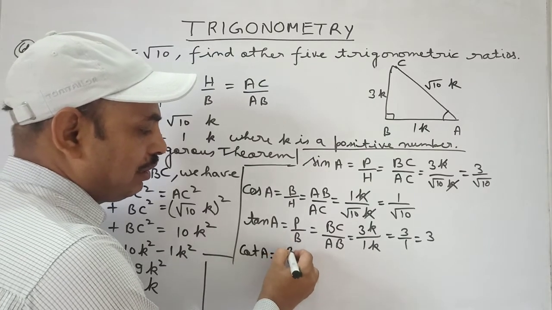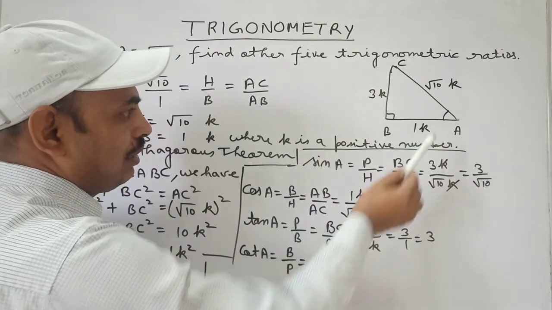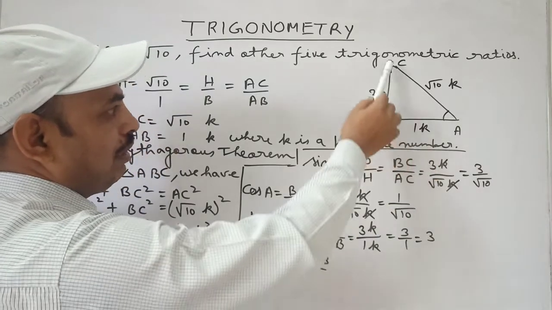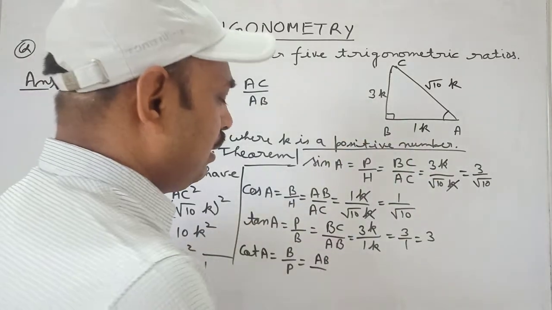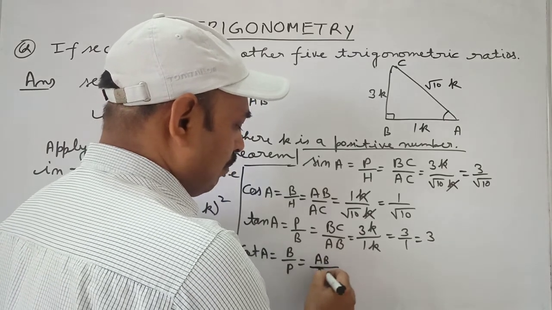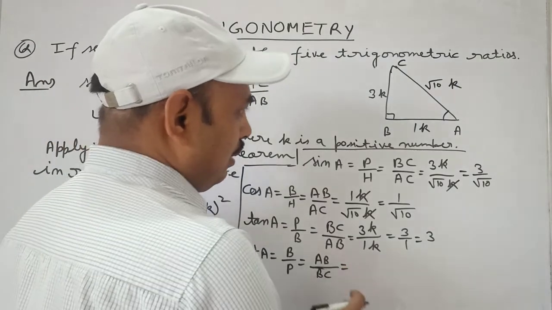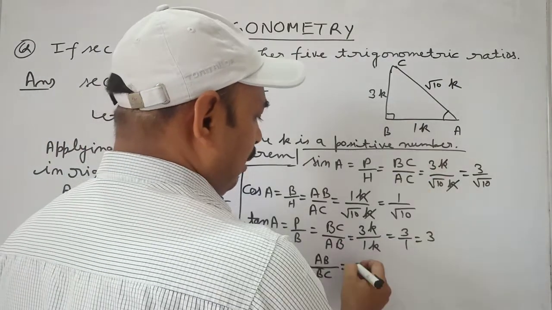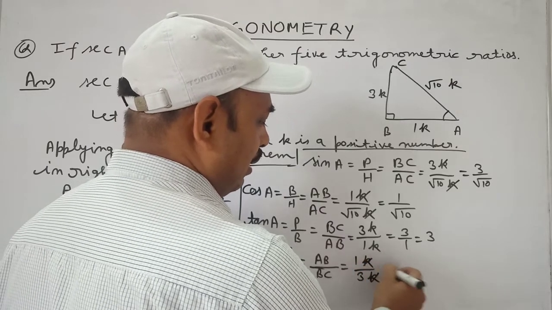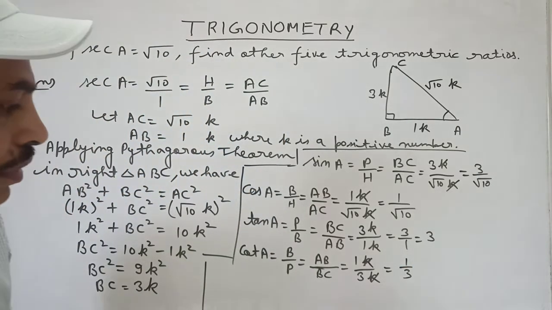So cot is base upon perpendicular. For this base is AB. For angle A, perpendicular is BC. AB upon BC. What is AB? AB is 1k. What is BC? BC is 3k. K will cancel k. So this is equal to 1 upon 3.